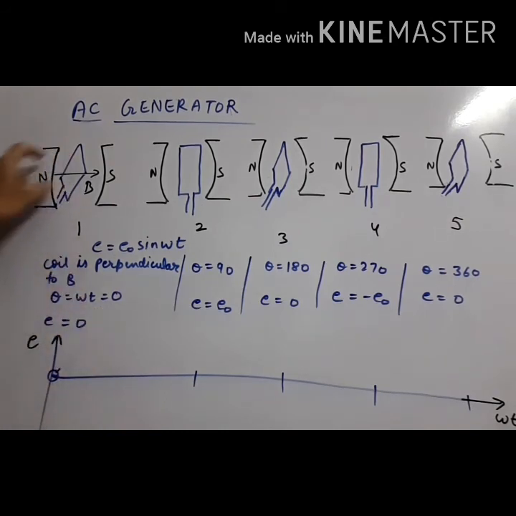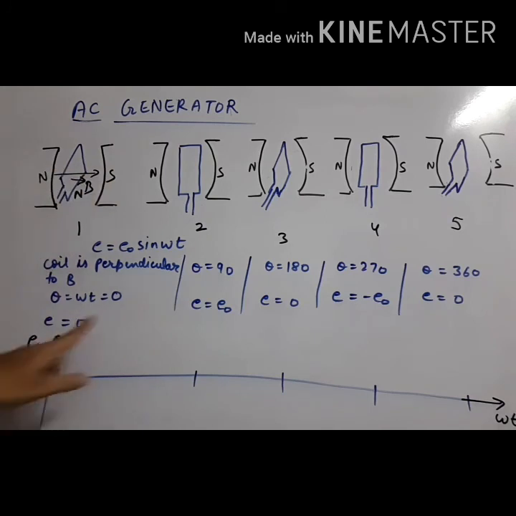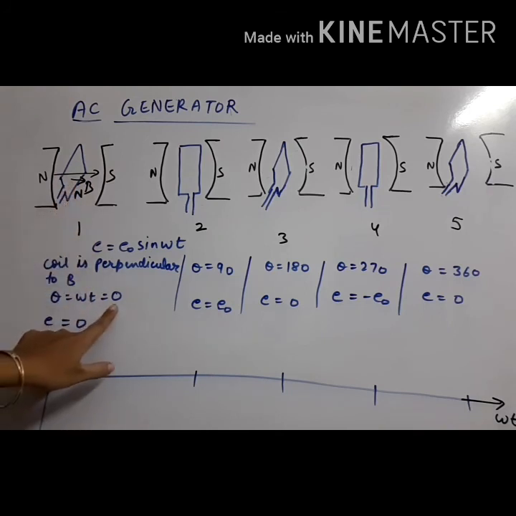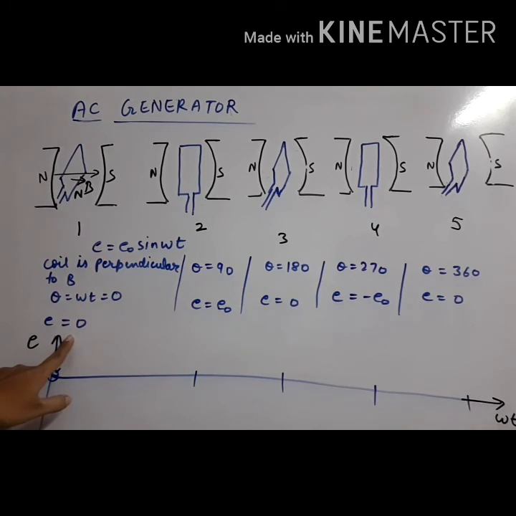When the coil is kept perpendicular to magnetic field B, then between the normal of the coil and B, theta is 0. So if we put 0 angle here, E is 0. So the graph also we will draw. The first point is at 0.